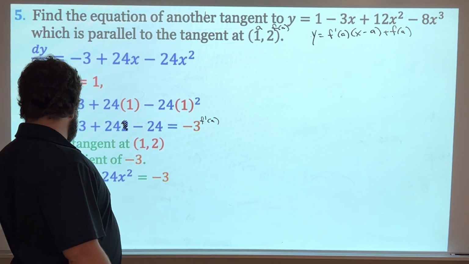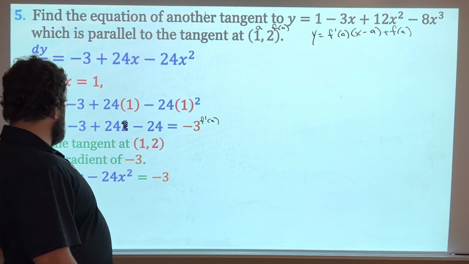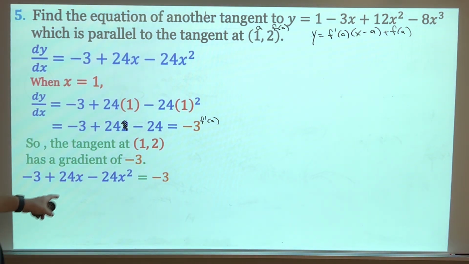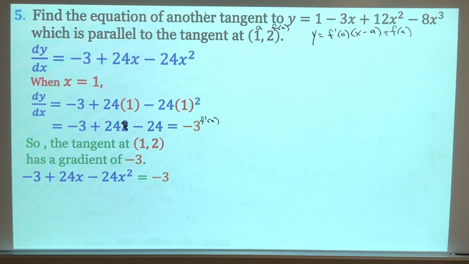And the equation, negative 3 plus 24x minus 24x squared equals negative 3. If I plugged 1 in here, I get negative 3, right? And I know that's true. But what can I do? I can also solve for what letter here? I can solve for x, right?